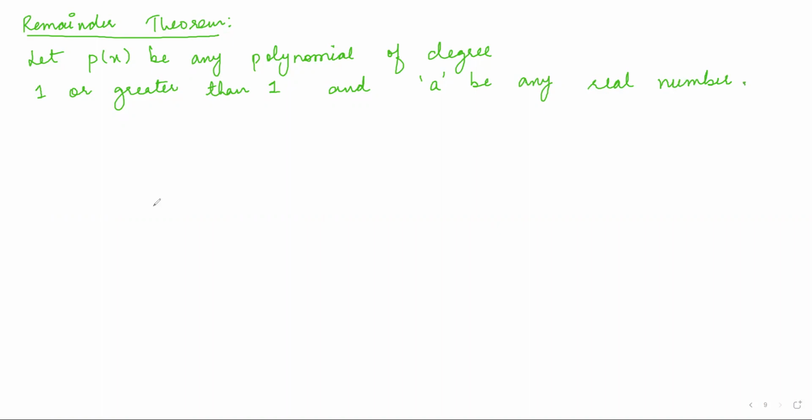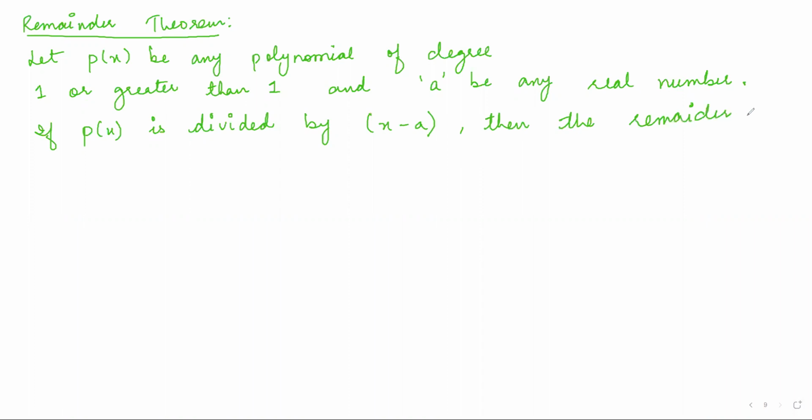Now, if Px is divided by x minus a, then the remainder is equal to p of a.